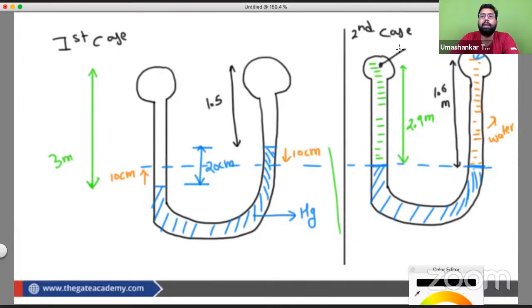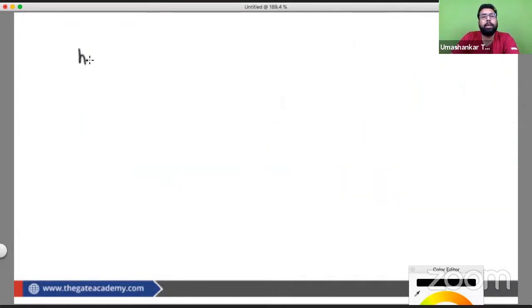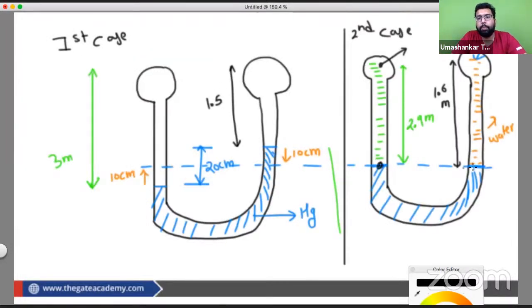So let's start from here again. This is going to be HOW. So we are moving downward. What to do when we are moving downward? We must add, and we are moving in oil of specific gravity 0.9, so we have to multiply by 0.9. Now from this point to this point, we are in the same liquid. We are moving by the same distance downward and upward, so this portion has no meaning as we have understood.